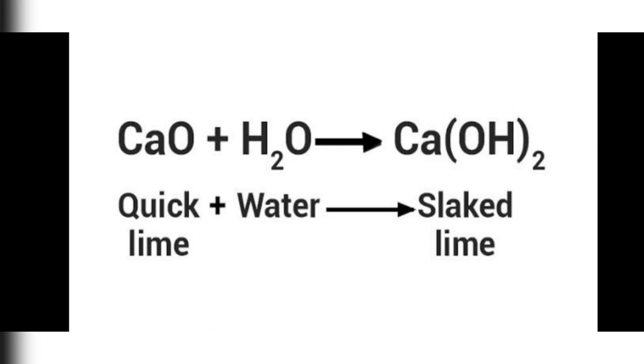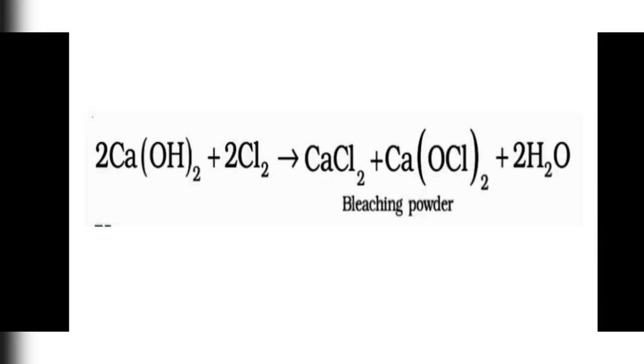When calcium hydroxide is mixed in water, you get a suspension of slaked lime, and that is called milk of lime. When this milk of lime reacts with chlorine, you get a hypochlorite, a constituent of bleaching powder.